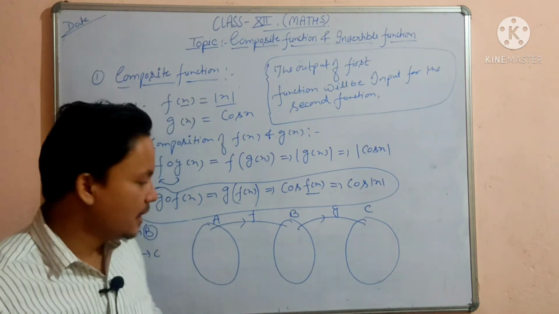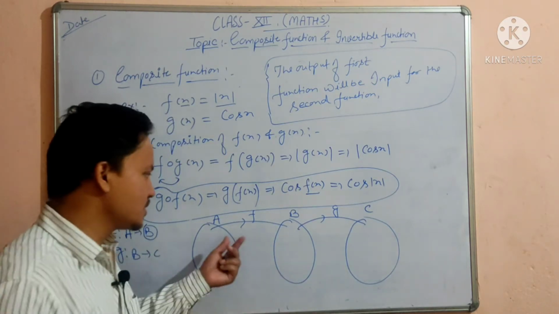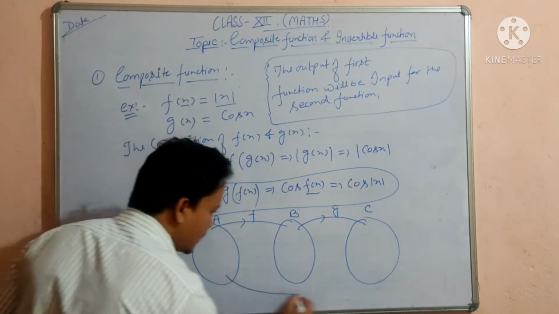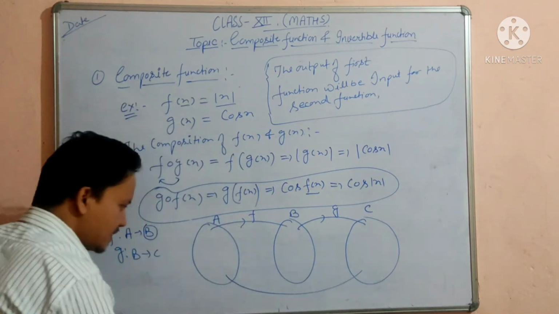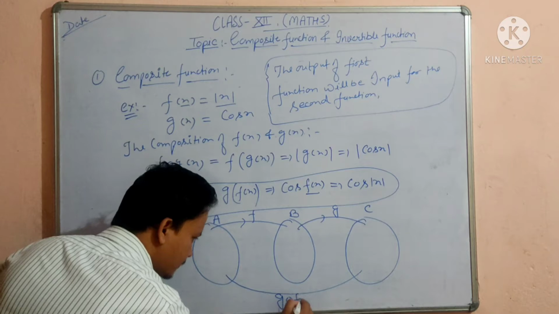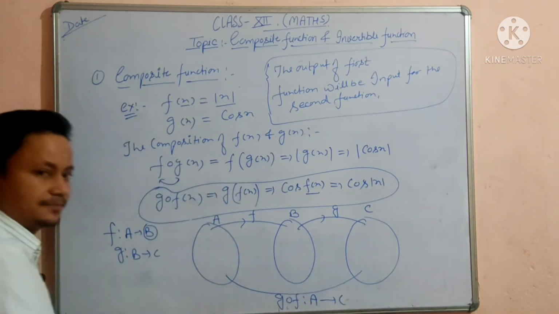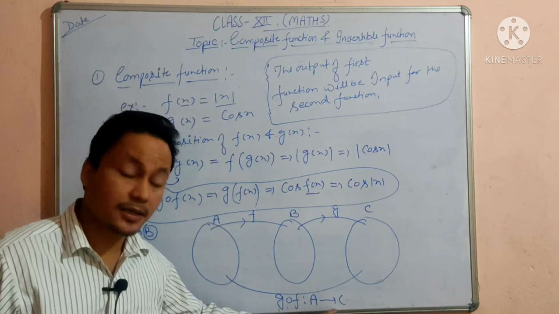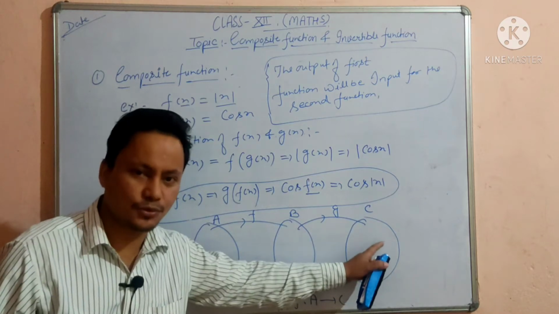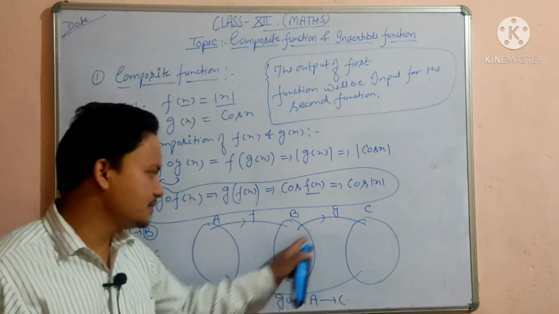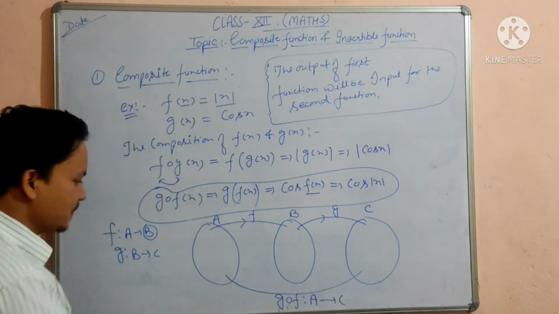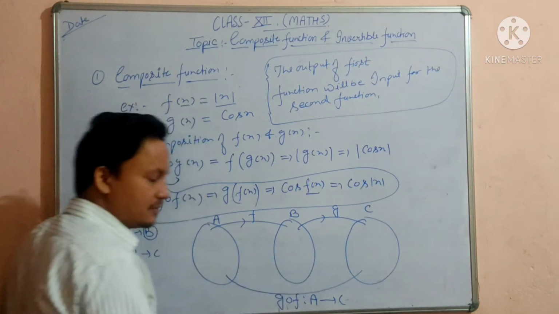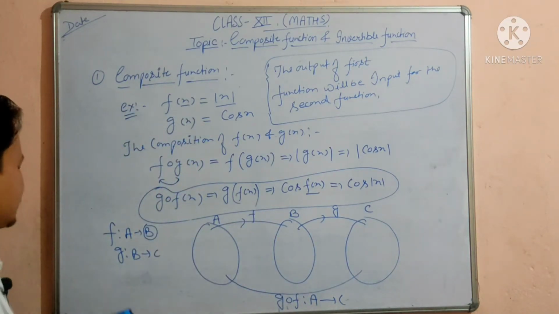Now we have to find a third function which is known as the composition of these two functions. If we combine or composite both functions, there exists a third function from A to C, and this is known as gof. The domain of the composite function will be the same as that of the first function, and the codomain will be that of the second function's output. So f from A to B and g from B to C, the composition of these two functions is denoted by gof which is existing from A to C. Let's take an example and clear these things.